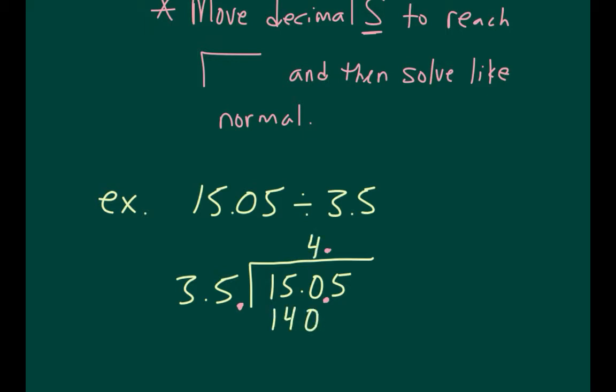And if you'd rather, some people go off on the side and try different numbers, so it's kind of up to you. If I can count multiples, I often do because that's faster for me, and I'll sometimes even use my fingers like I did there, 1 multiple, 2 multiples, 3 multiples. All right, so then I take 140 away from my 150, so I get 10. We copy down the 5, so I have 105.